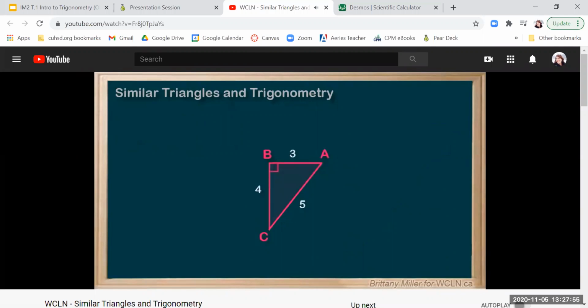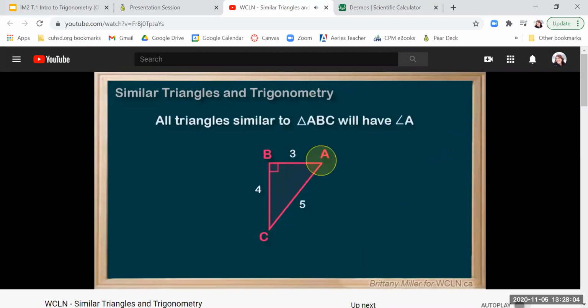Now, consider angle A. Because similar triangles have the same angles, all triangles similar to triangle ABC will have that angle. And if we took the ratio of the side opposite A to the hypotenuse, we would get the same ratio for any triangle that is similar to triangle ABC.